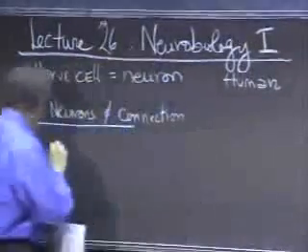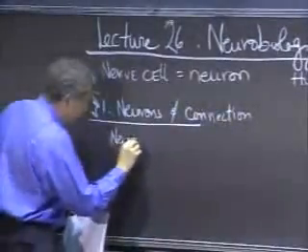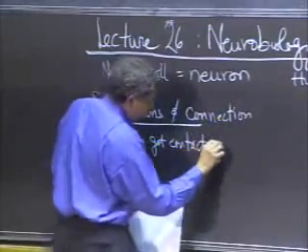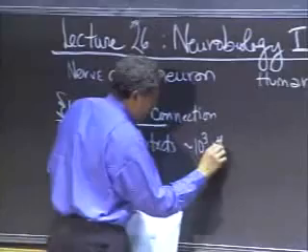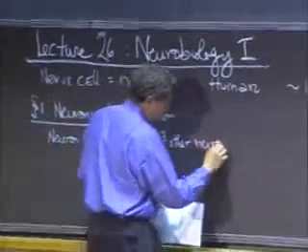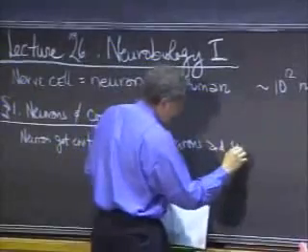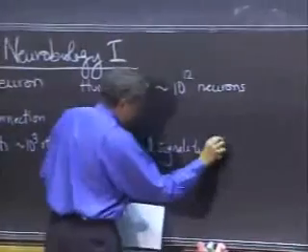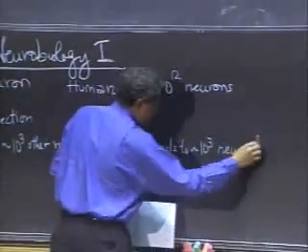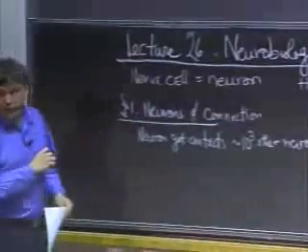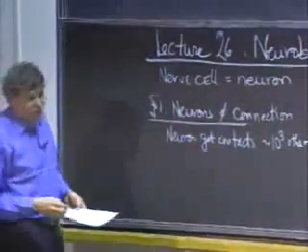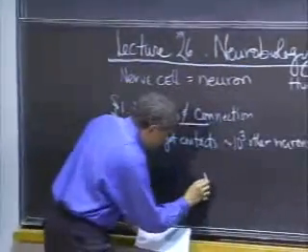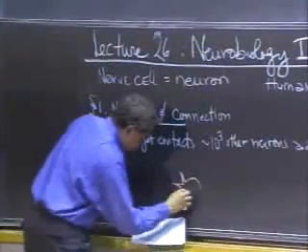It might receive contacts from 10 to the 3rd other neurons, and send signals to 10 to the 3rd other neurons. So that's a lot of connections. If you figure 10 to the 3rd times 10 to the 12th, 10 to the 15th connections in this circuit diagram. Here's a picture of a nerve cell.